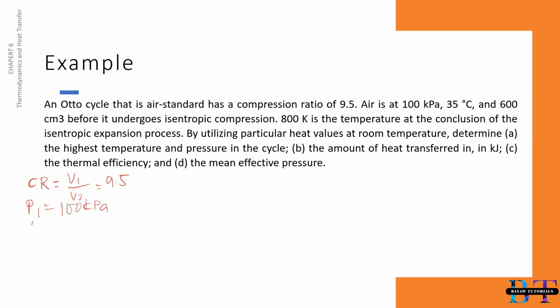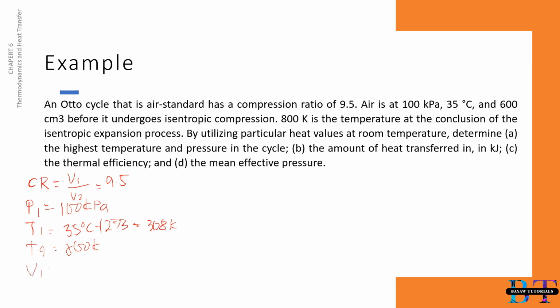We have temperature 1, which is equal to 35 degrees Celsius. Let's convert it to Kelvin. Let us add 273, which is equal to 308 Kelvin. So we have the temperature 4 is equal to 800 Kelvin.